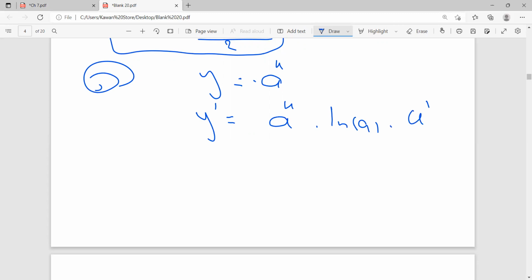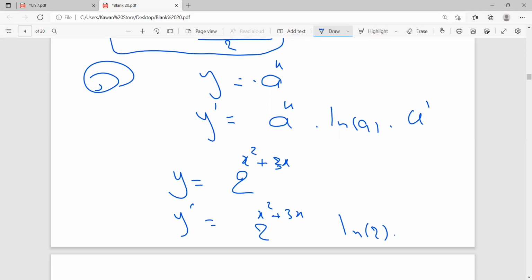Understood? For example, I have y equal to 2 to the power x squared plus 3x. So in that case, I say the derivative is equal to itself, times ln of 2, the base, times the derivative of the hat, which is 2x plus 3.